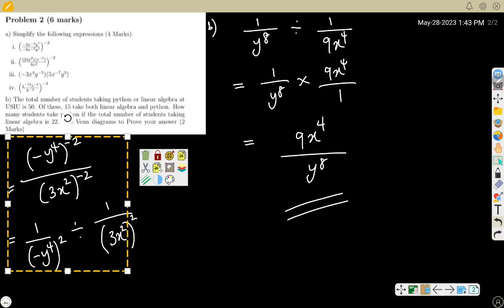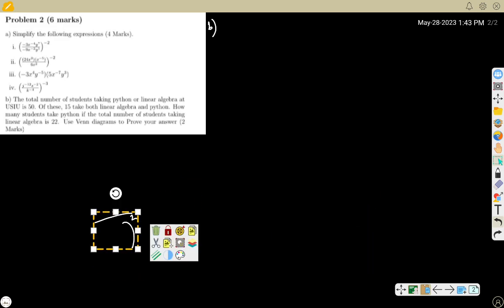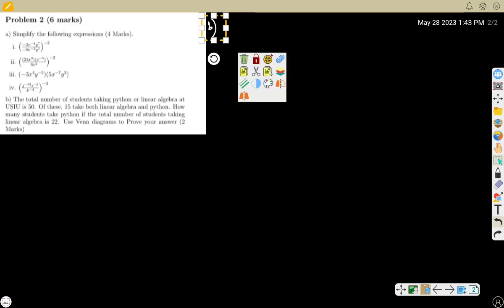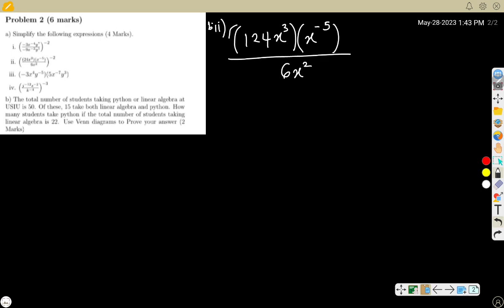So now the second one, B. 124s raised to power 3 times s raised to power minus 5 divided by 6s raised to power 2, everything raised to power minus 2.